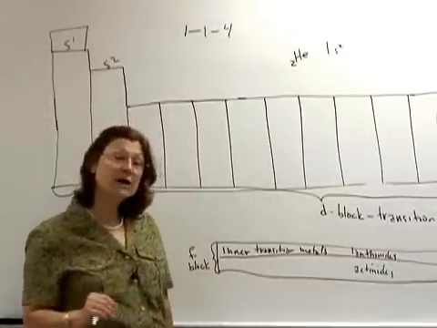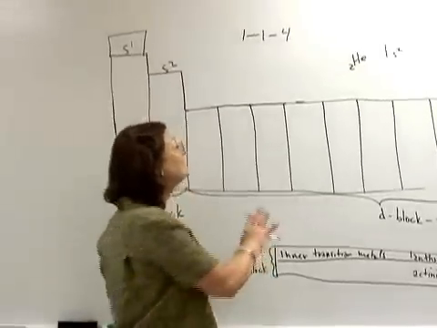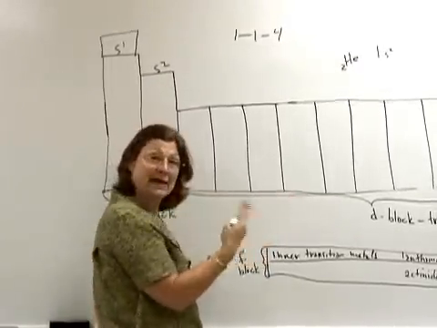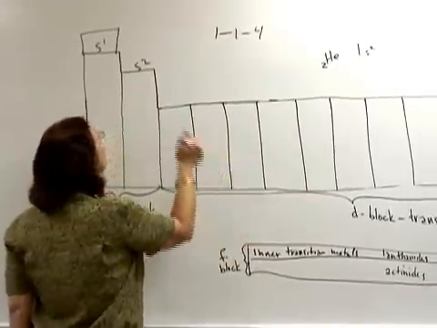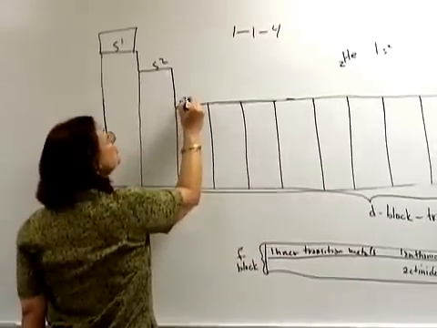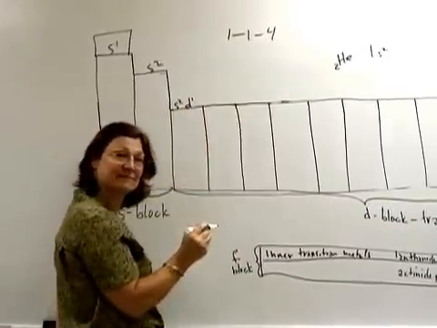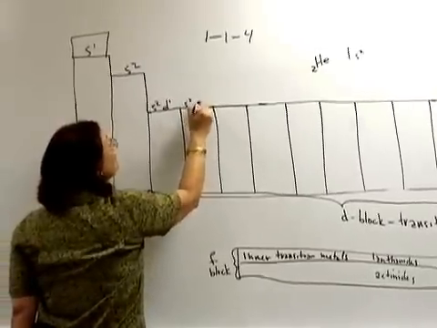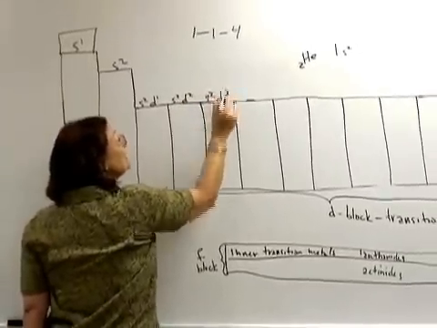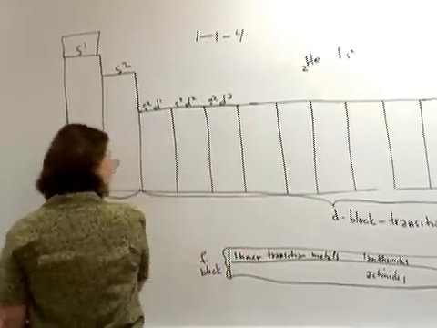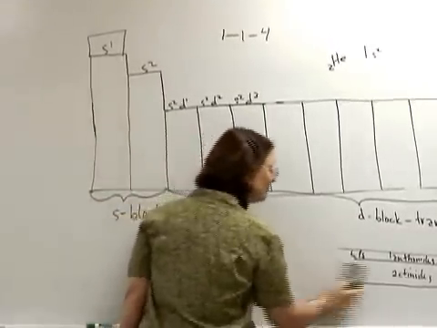Now I want to talk a little bit about the D block. And when we fill the electrons, the ending electron configurations here would be S2D1, S2D2, S2D3, and then we would expect it to have S2D4.